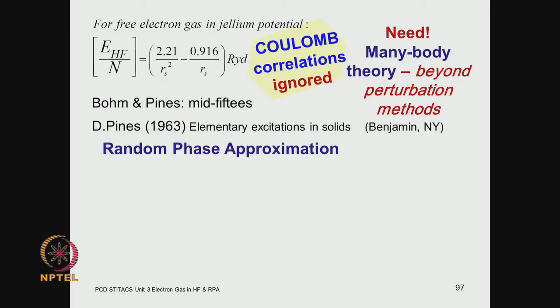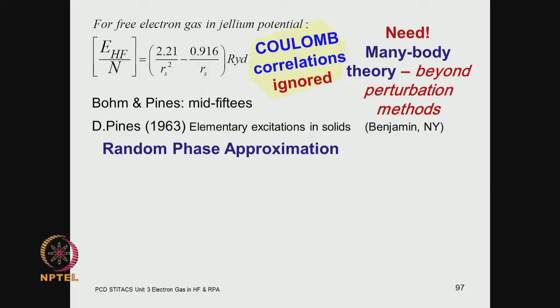So, one of the most powerful approximations which people use to address the electron correlations is the random phase approximation. This was developed in the mid-50s by Bohm and Pines. I will not get into the historical development of the RPA, because there are different routes to RPA.